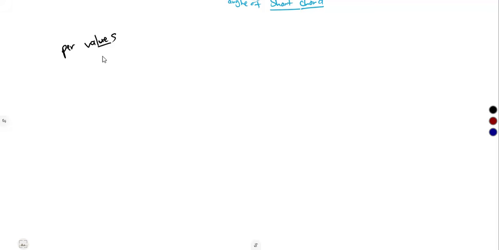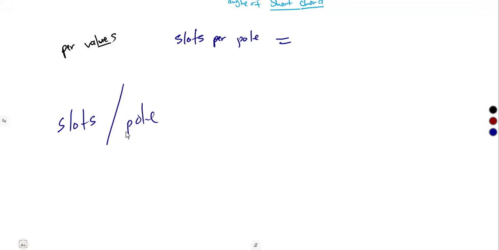So once you have per a certain value, you are going to divide by the total of that. Let's just say a simple case. We need per, remember? Let's say slots per pole. For us to have slots per pole, it's like this: slots over poles. That is what per means.